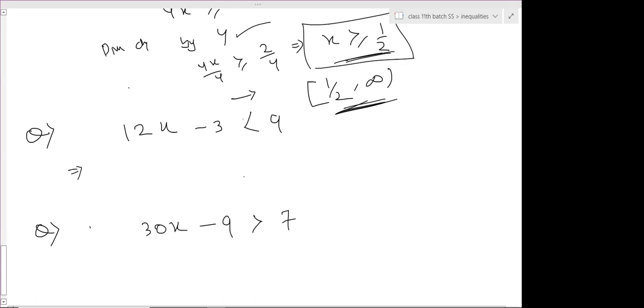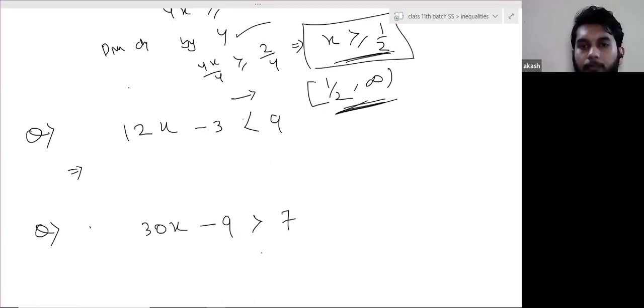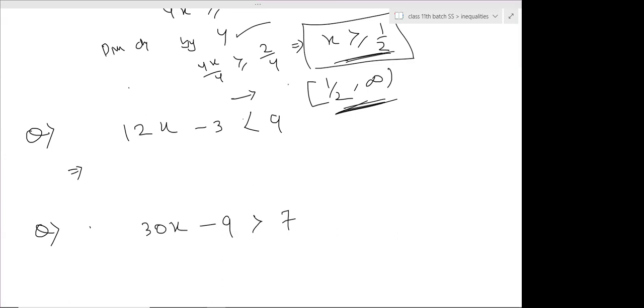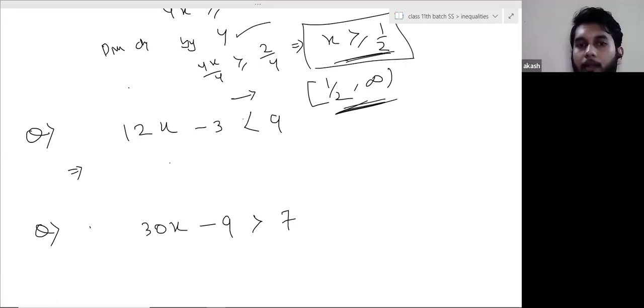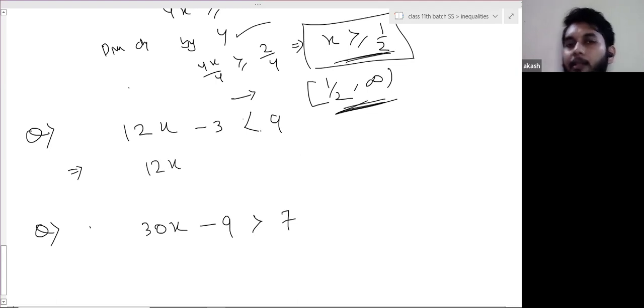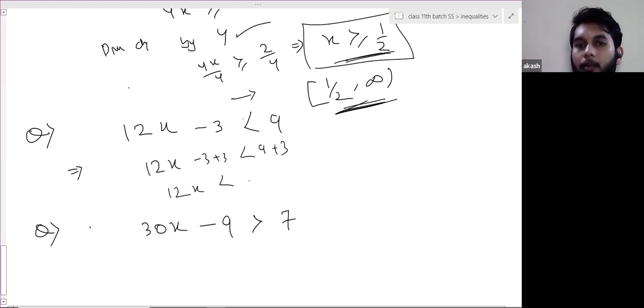Iram, you got the answer here? Yes, sir. All right, so how we can do this? This is 12x, and adding 3 both sides, so these 3 will be cancelled. So 12x less than 12, dividing by 12 we get x less than 1.